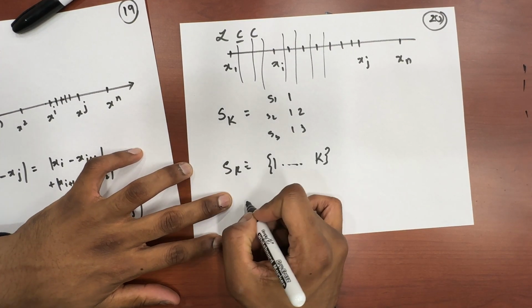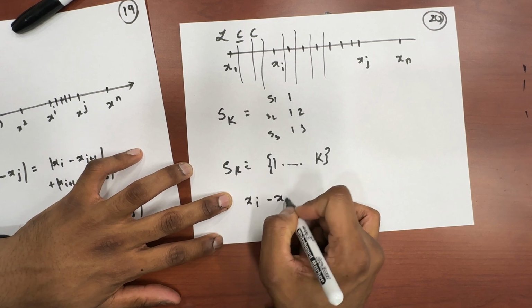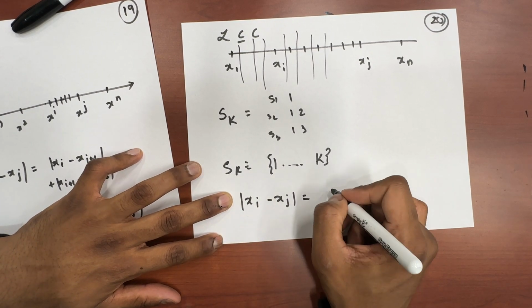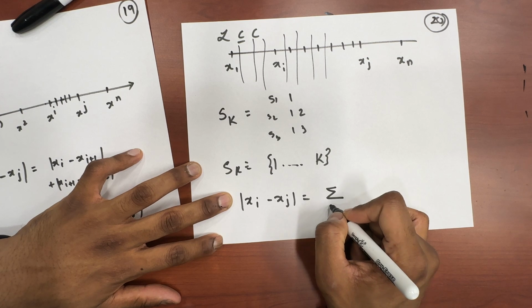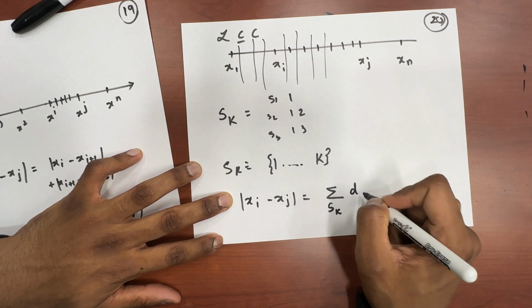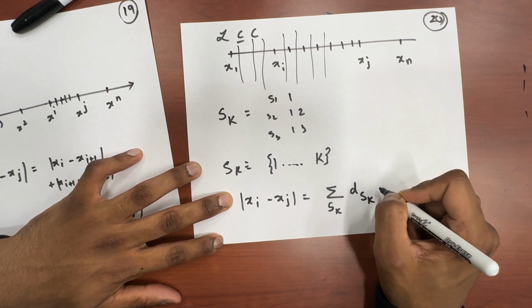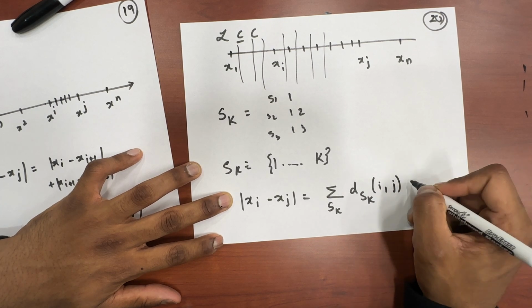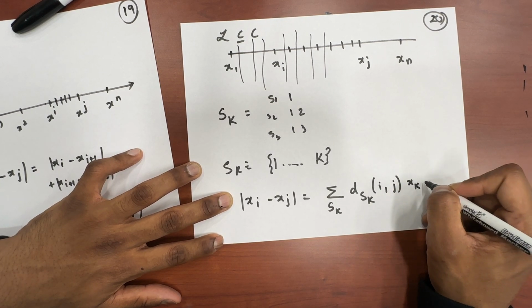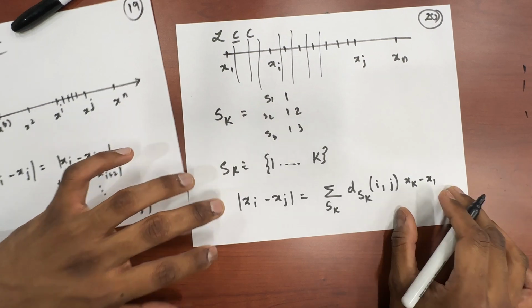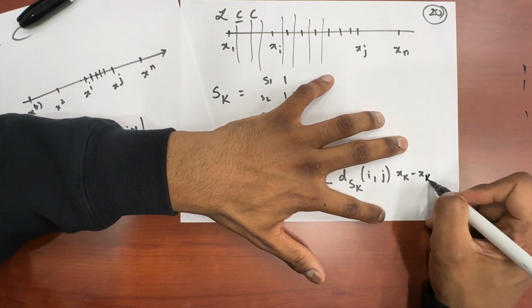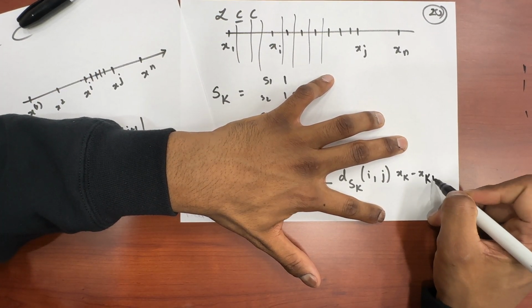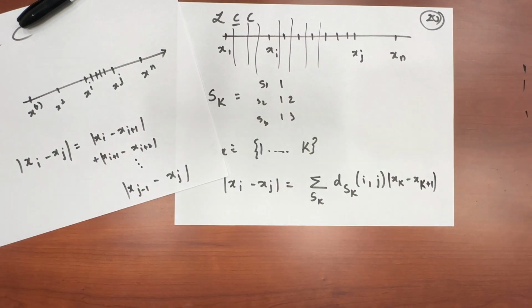Now, what I am claiming is xi minus xj is equal to the sum over all S_k of d_{S_k}(i,j) times (x_k minus x_{k+1}).